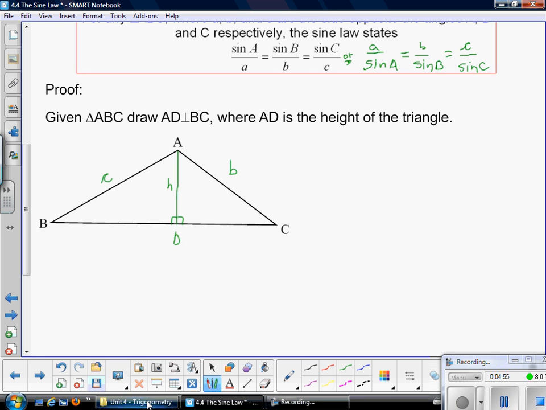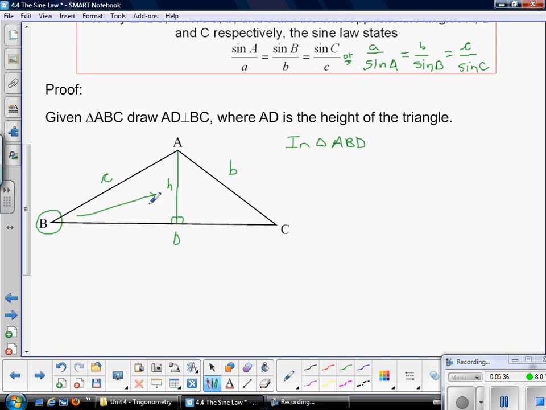So in triangle ABD, I want to look at angle B and make a relationship with that angle, h, which is the height of the triangle, and side c.